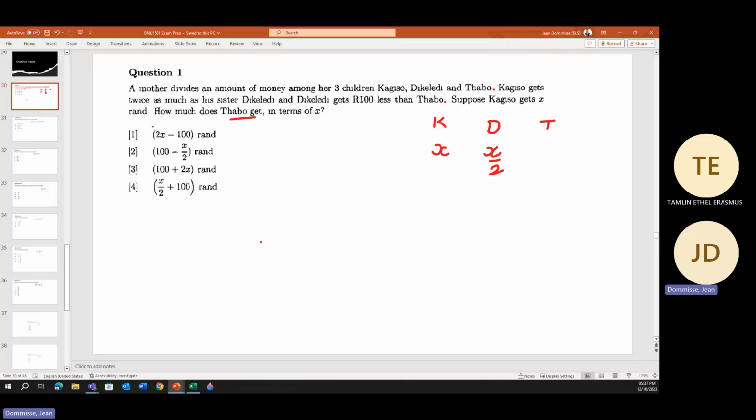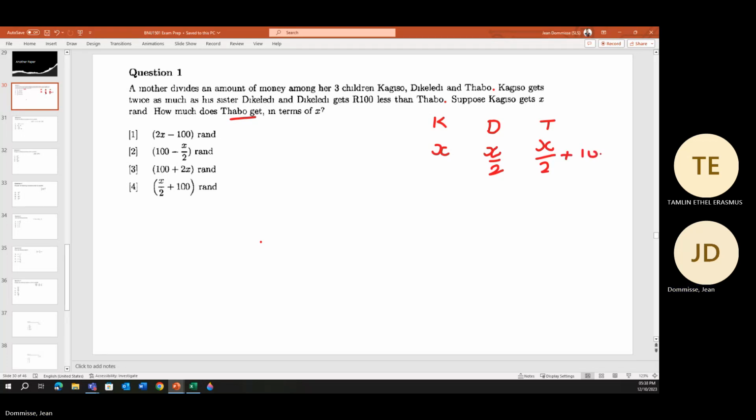The sister gets 100 rand less than Tabu. So then Tabu will be the one that is getting X over 2 plus 100.